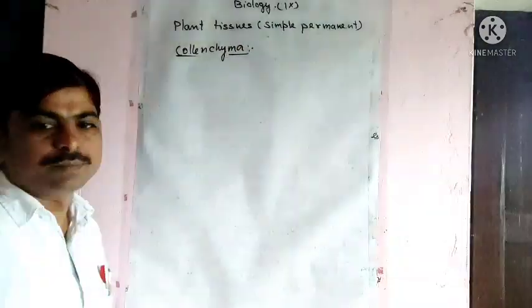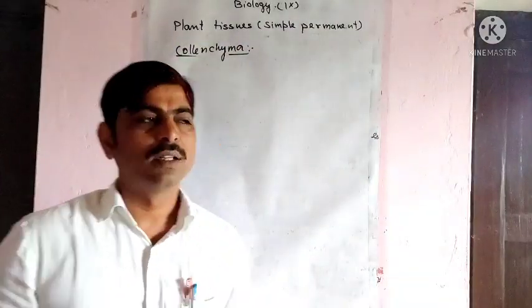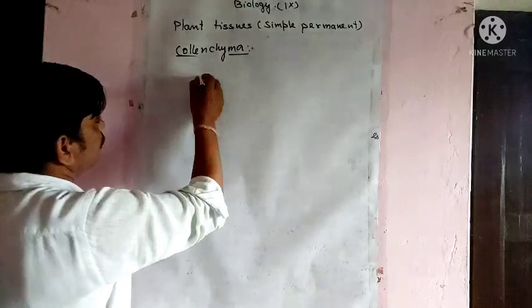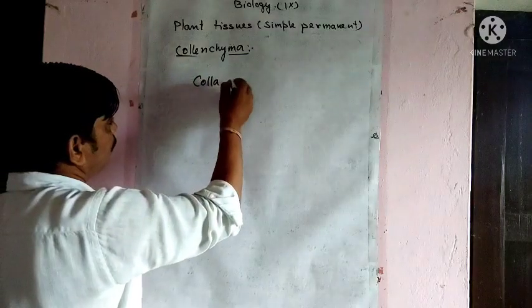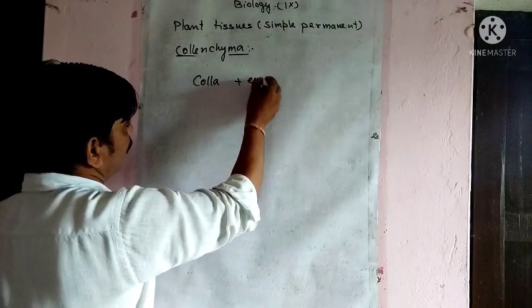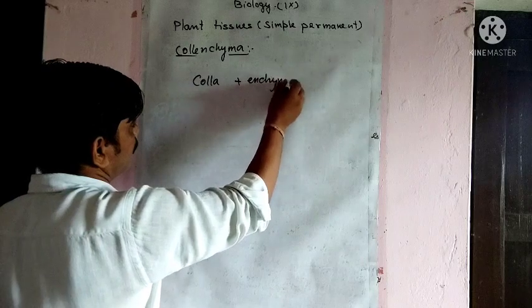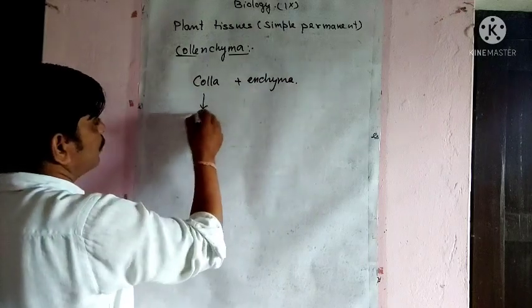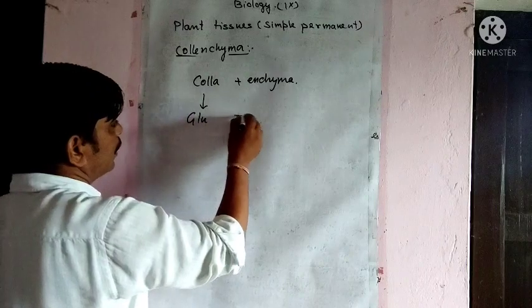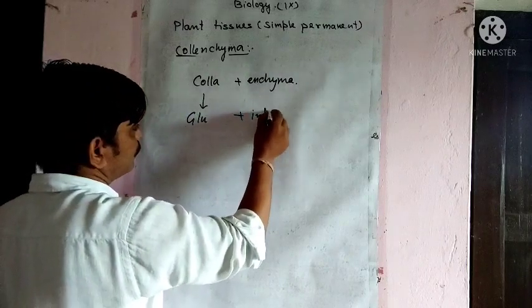Dear students, collenchyma is made up of two words, that is cola and enchyma, which means glue and infusion.